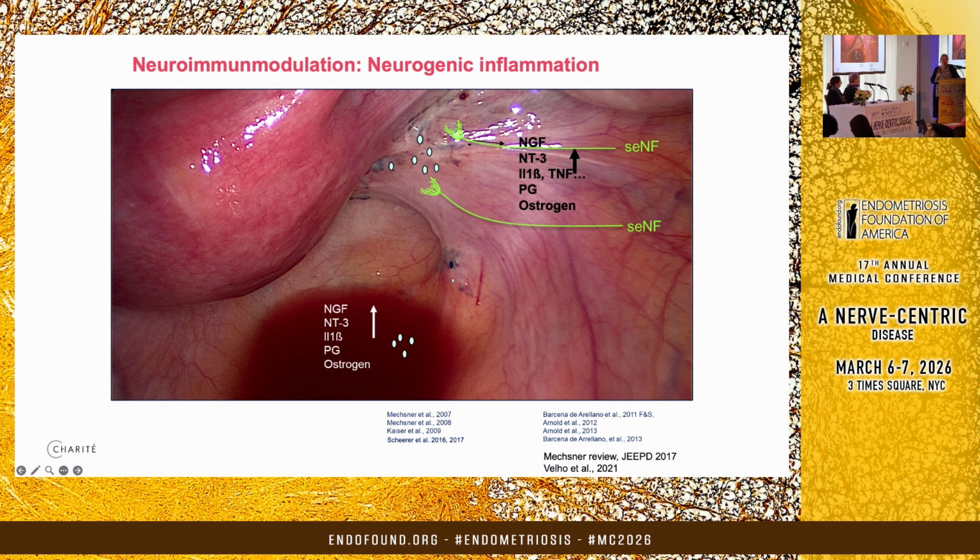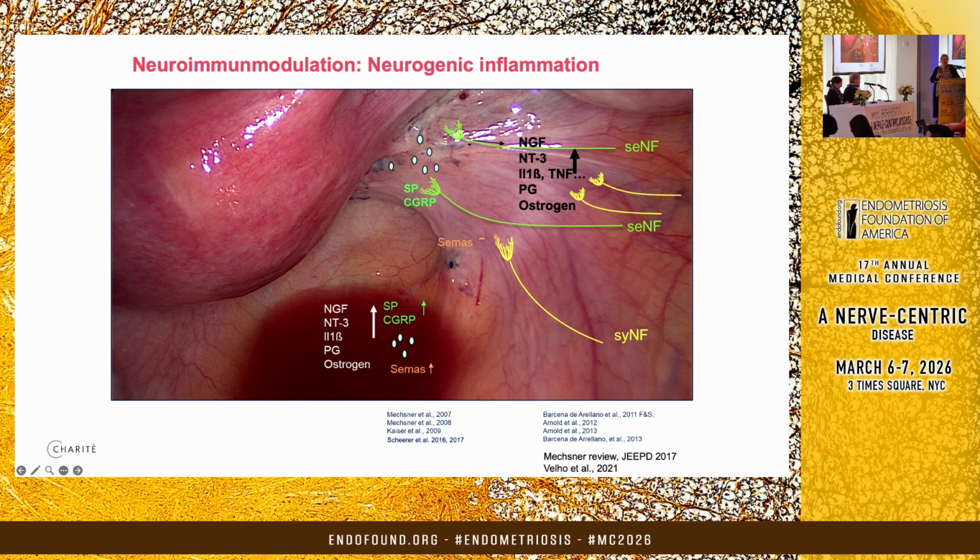And by the time, we have an increased number of sensory nerve fibers with the release of substance P and CGRP. We were also able to find elevated concentrations of substance P and CGRP in the peritoneal fluid. We have the chemotaxis of these immune cells, and with the release of the semaphorins, then step by step a deletion or damage of the sympathetic nerve fibers.